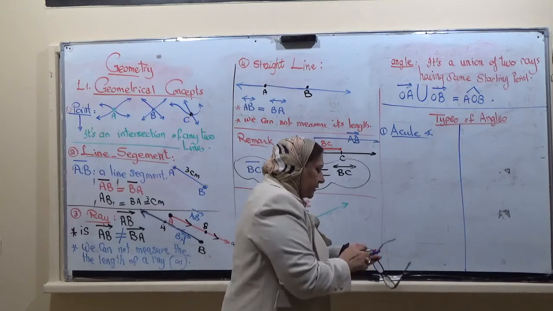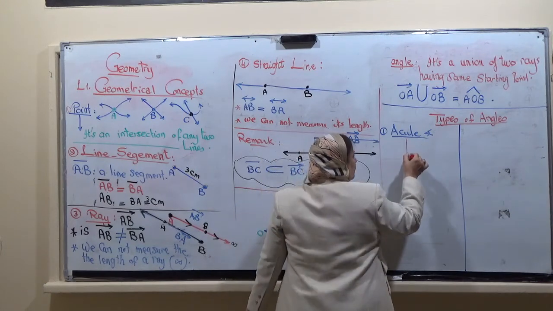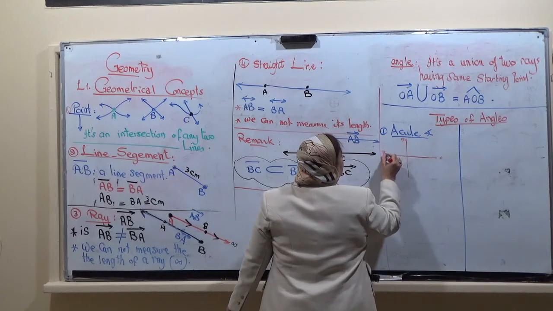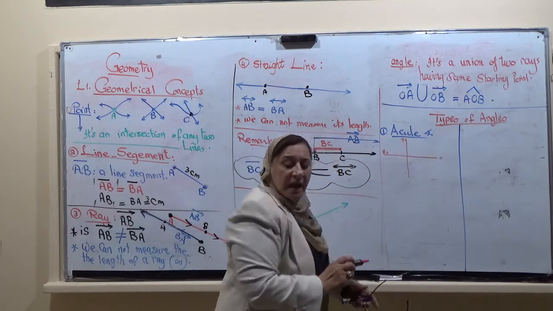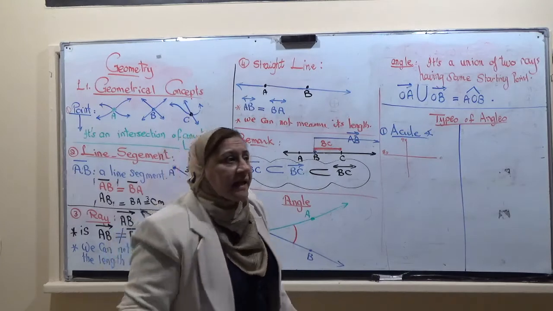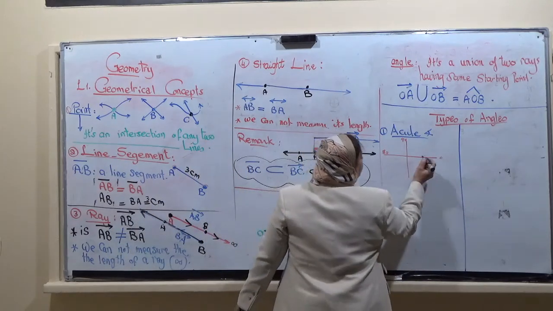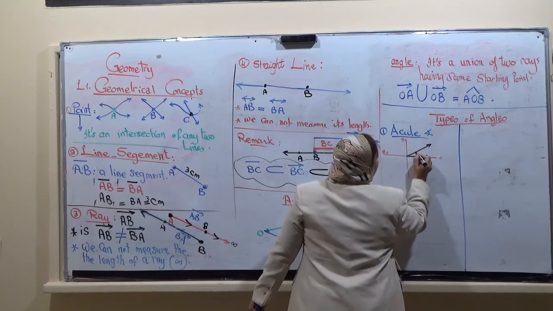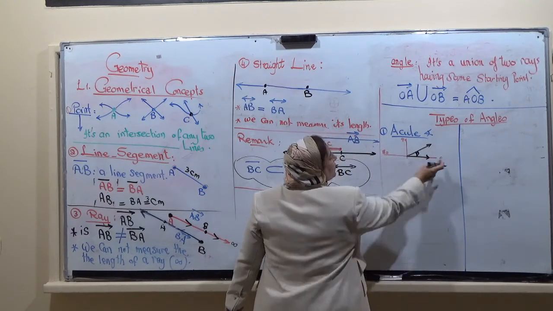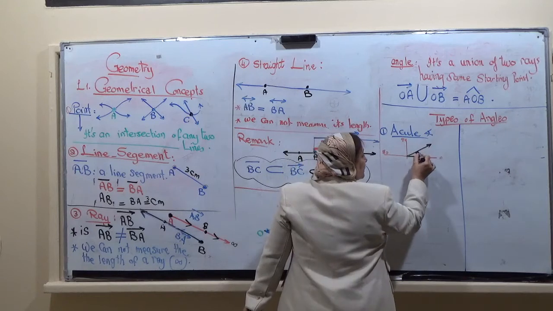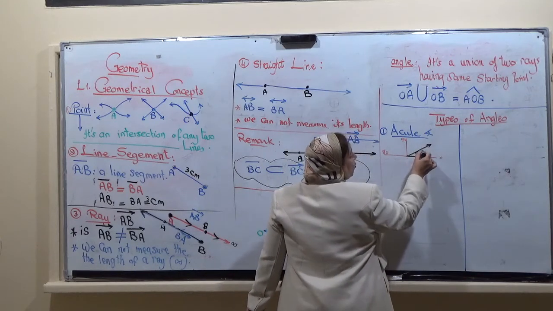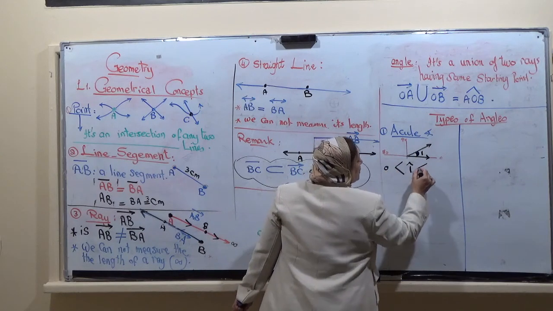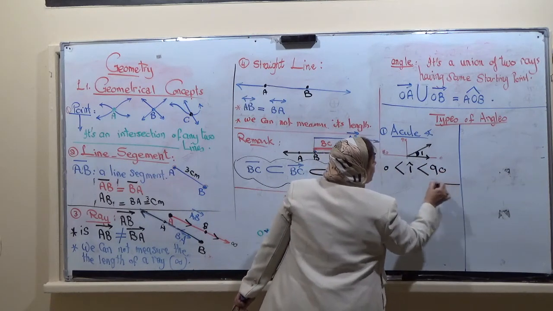What's the acute angle? You know the four quadrants, 0, 90, 180, and so on. The acute angle is the angle whose measure is less than 90, between 0 and 90. For example, angle 1 is greater than 0 and smaller than 90 degrees.